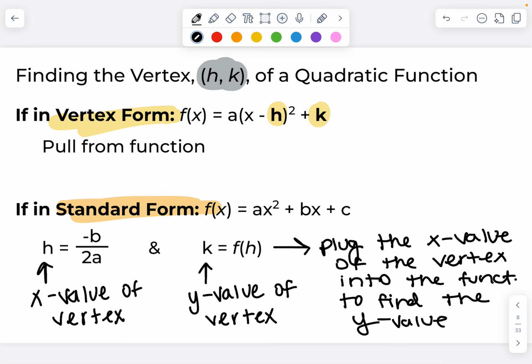So in words, that's what that notation means. I know that notation can feel a little scary, but it just means plugging the x value of the vertex into the function to then give you the y value.